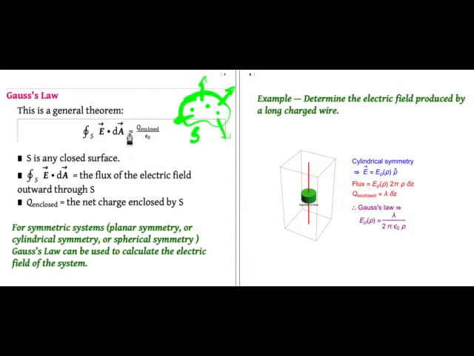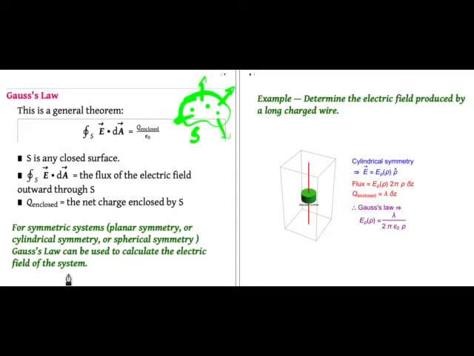Now, what makes it useful is that for symmetric systems, you could have systems with planar symmetry or cylindrical symmetry or spherical symmetry. This theorem can be used to calculate the electric field of the system throughout the volume.